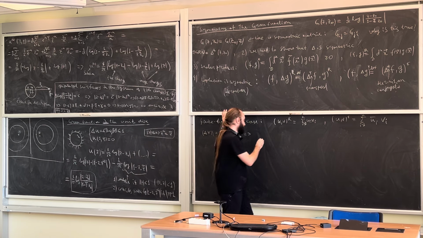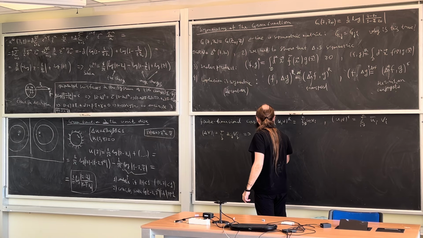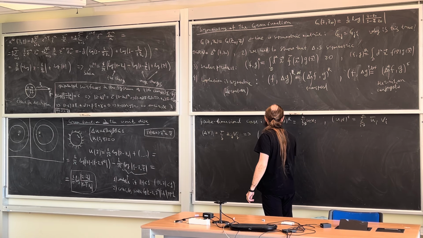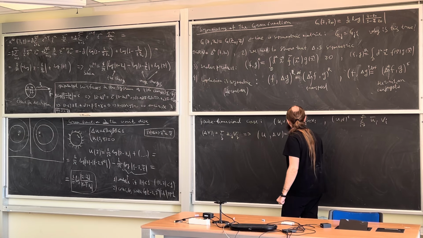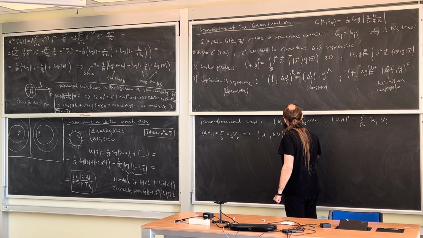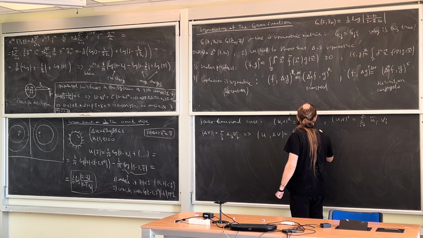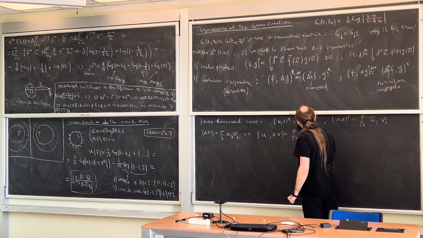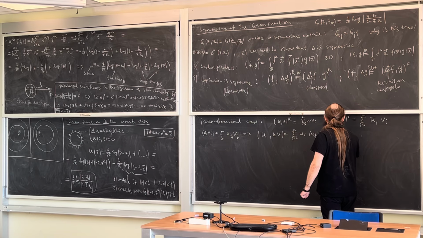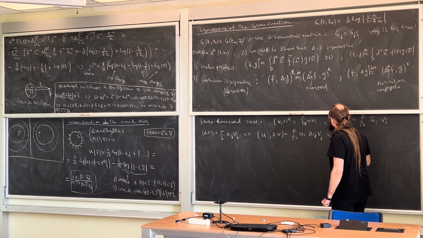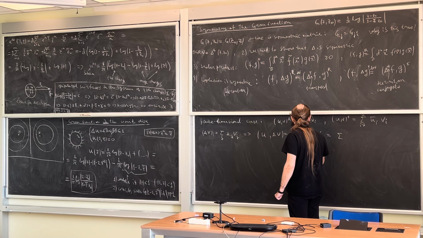Then u with delta v is a sum from 1 to n of ui delta ij vj. Which can be written as a sum, and here sum from j.